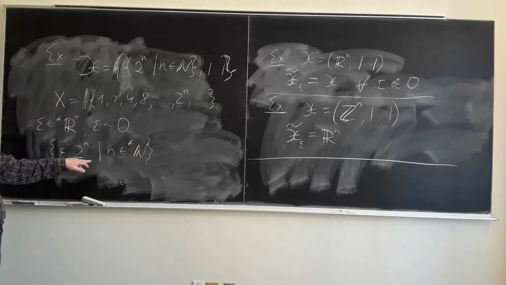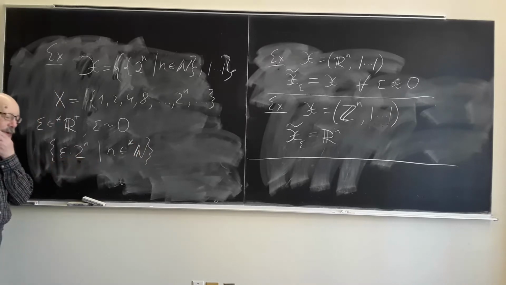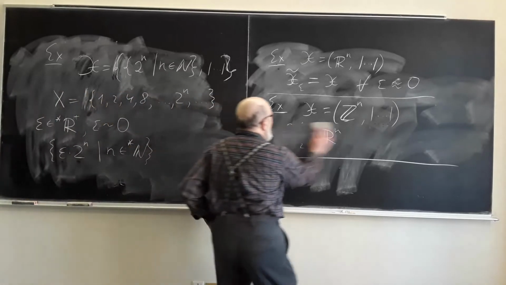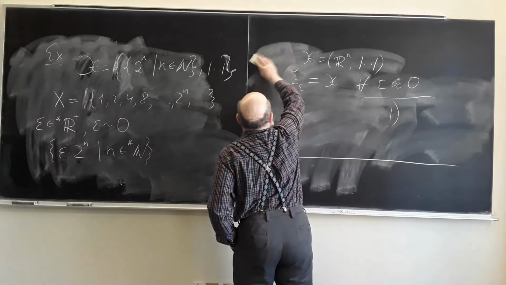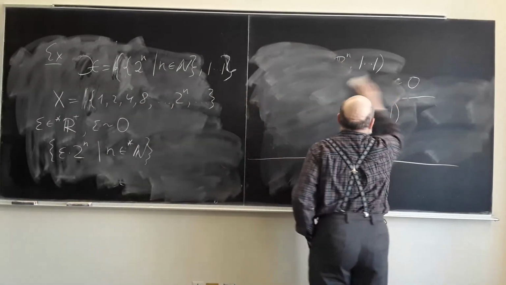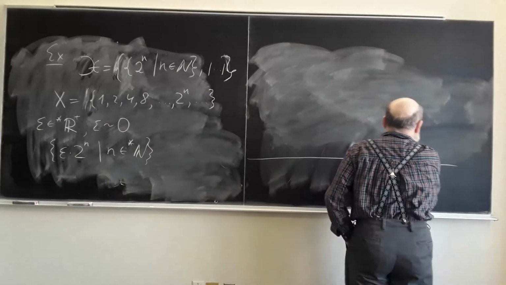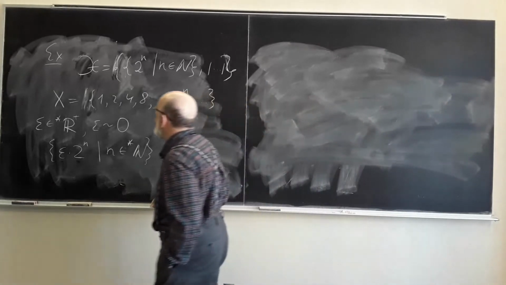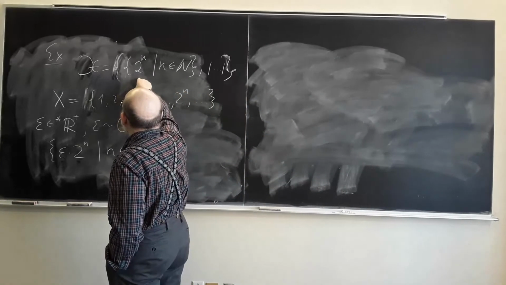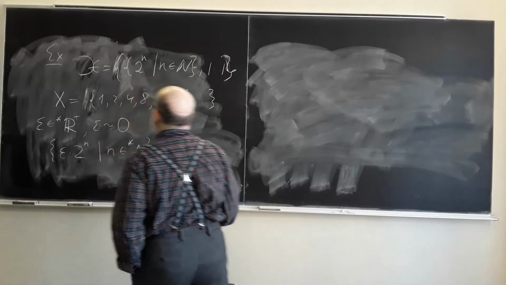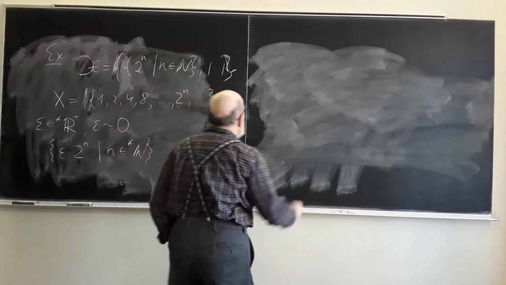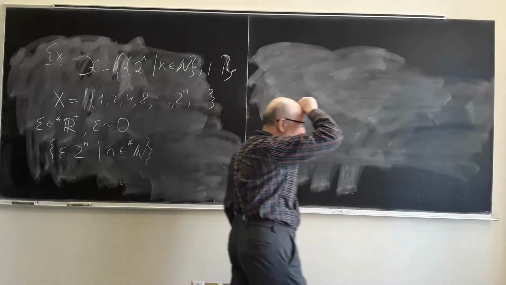Let me do it properly. If you consider the original set 2 to the power n, epsilon times 2 to the power n, then we have the following.